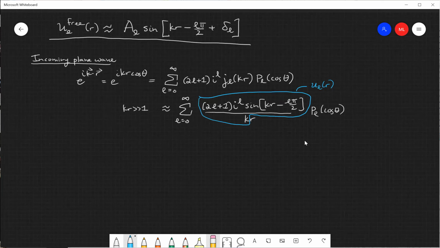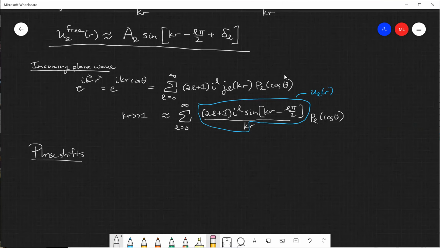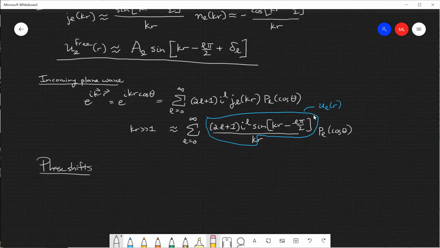So this will lead us to a discussion of phase shifts, the next big topic. By the way, I didn't mention this, but when you expand everything out in terms of L in the spherical harmonics, or in this case these Legendre polynomials of cosine theta, from the point of view of scattering this is called the partial wave expansion.